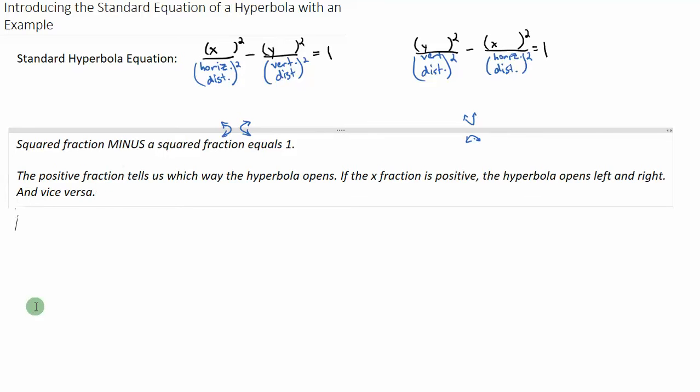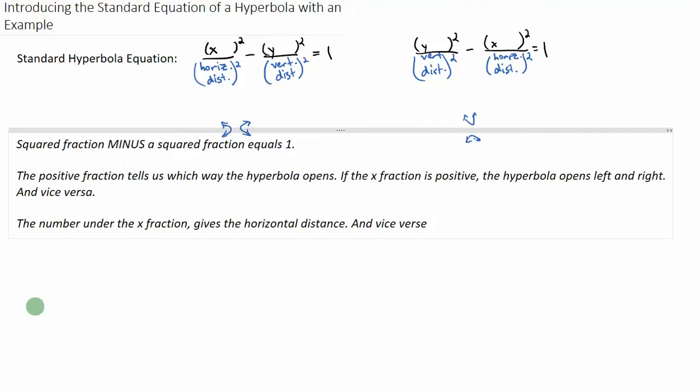The number under the x fraction gives the horizontal distance, and vice versa, meaning under the y fraction gives the vertical distance.